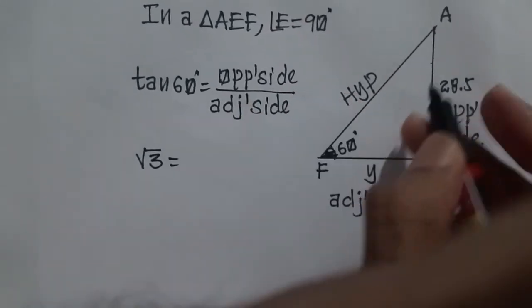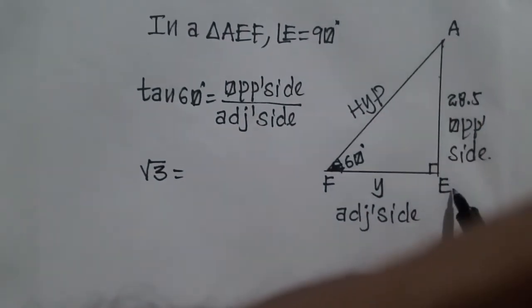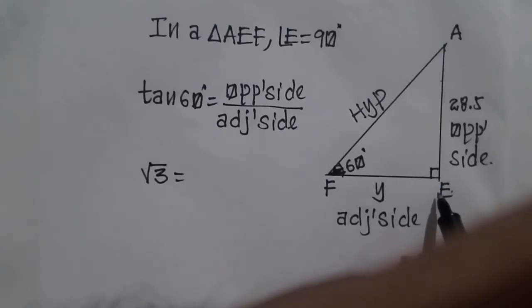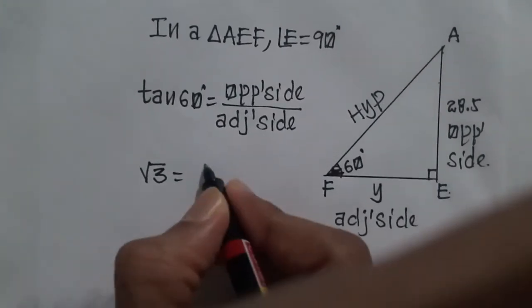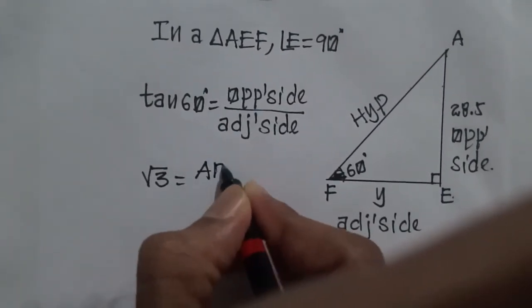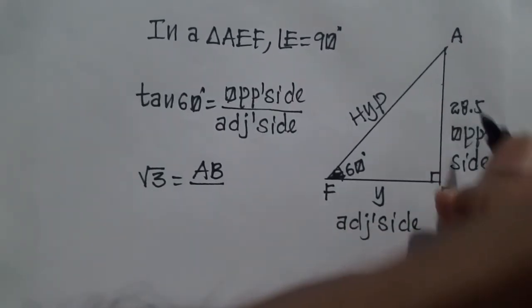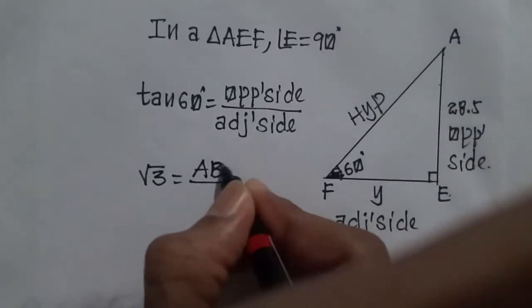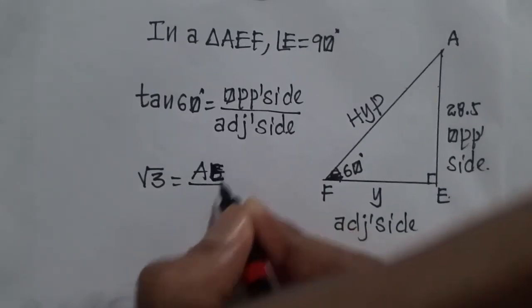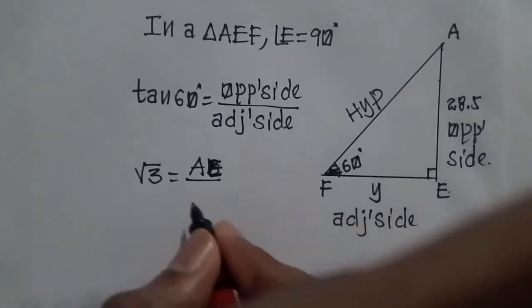Here the opposite side is AE and the adjacent side is EF.